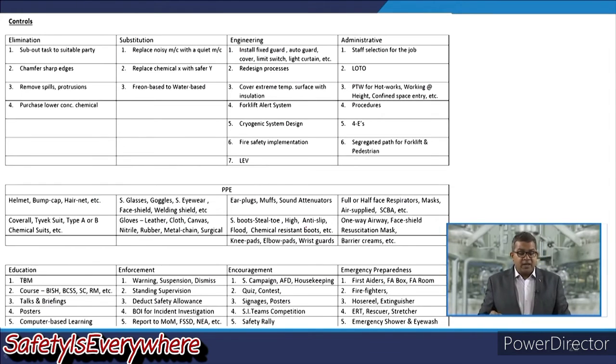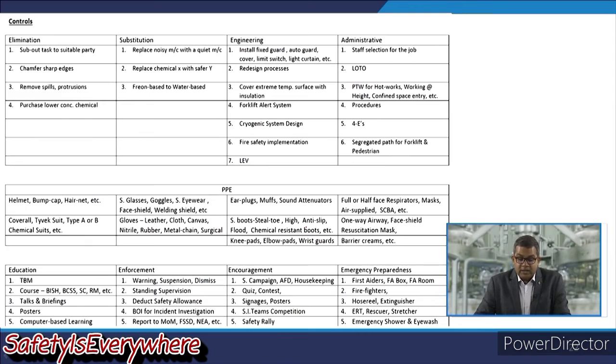Now in this particular slide, we have enlisted various kinds of control measures like elimination, substitution, engineering, administrative. So a broad spectrum or a broad example you can learn from this table, like subcontracting the task to a suitable party, that is elimination. Then substitution: replace the noisy conditions with quiet conditions.